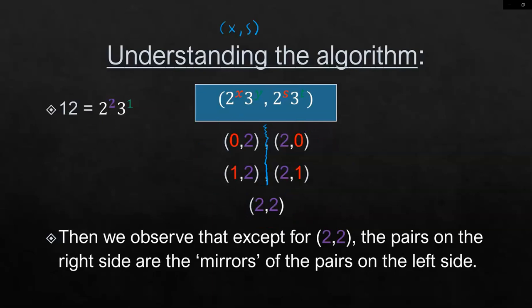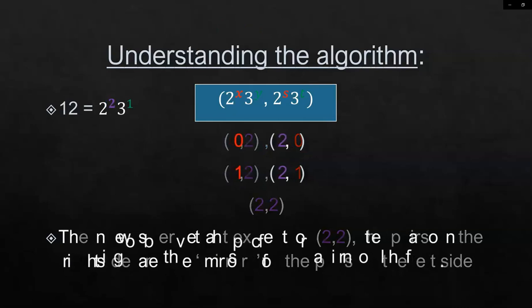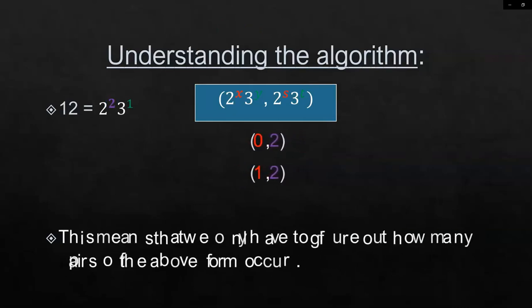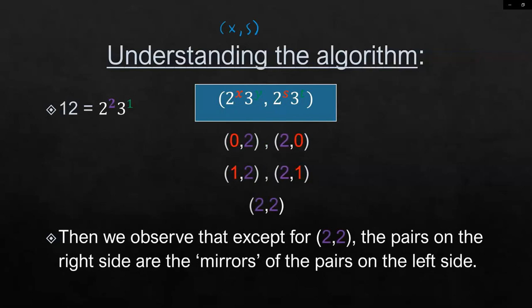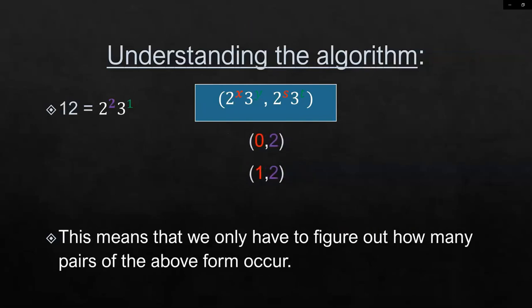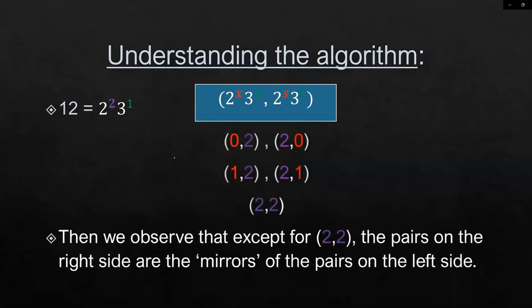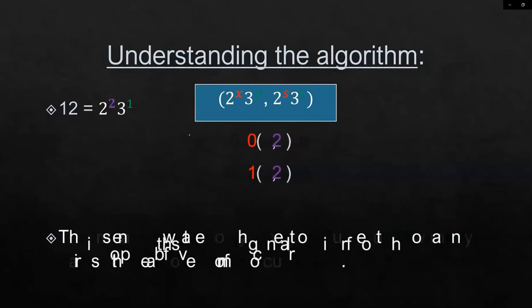We have 2, 2, and then we have mirrored images of the rest. Okay. So that's what we have. Which means that instead of looking at all of them, I can just look at the left side of the mirror, essentially. Right.